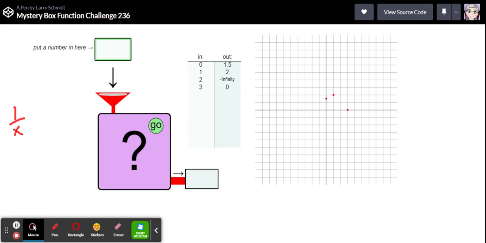Okay, so 3 gives us 0, and we've jumped quite a ways, but that makes sense because at 2 you've got what should be an asymptote. And actually, I'm going to do something closer to 2. So I'm going to do 1.5. And then I'm going to do maybe 2.1.